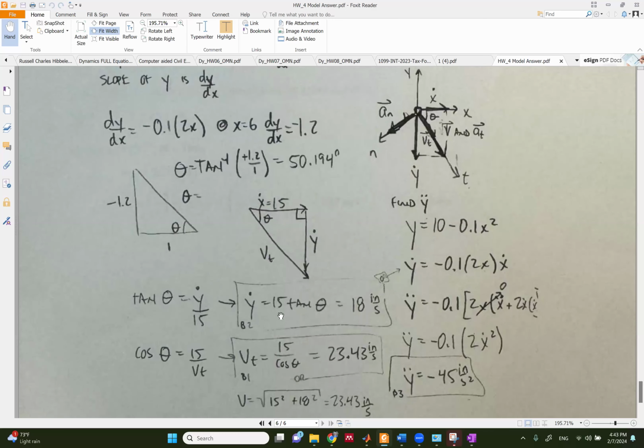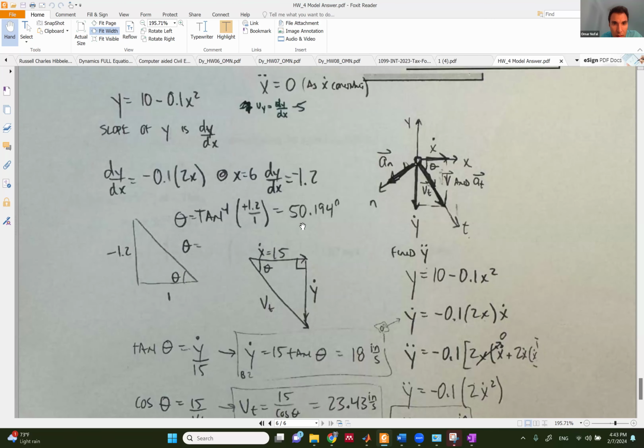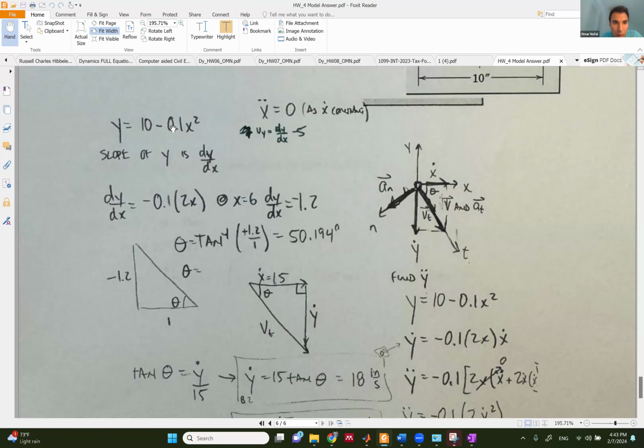Yeah, it's negative 18. Yeah, where is it? Y dot. Okay, so did he get V first? Oh yeah, here's Y, and then the slope.